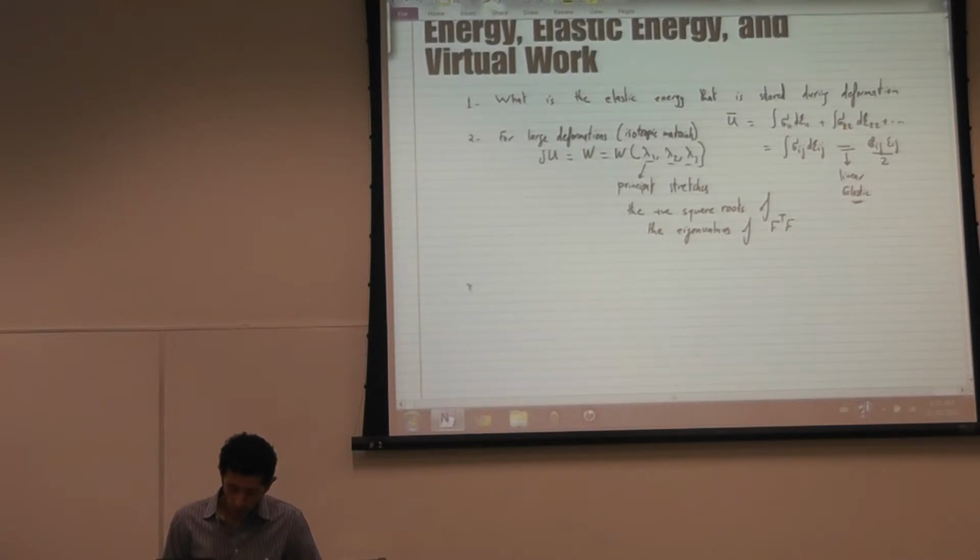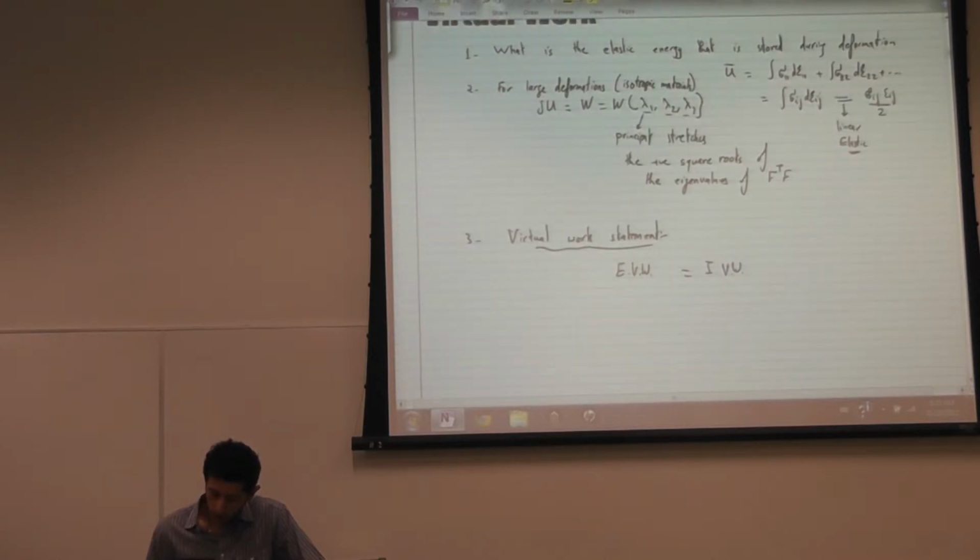And the last thing that we want to talk about is virtual work. What is the virtual work? The virtual work statement says during any deformation, the external virtual work is equal to the internal virtual work. What is the internal virtual work?